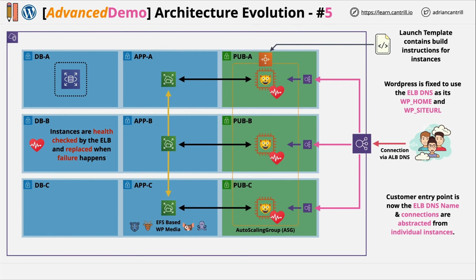And this will abstract your customers away from the instances. It will allow your system to be fully resilient, self-healing, and fully elastically scalable. So by completing this advanced demo lesson, you'll learn how to get started with scenario-based questions as part of job interviews.